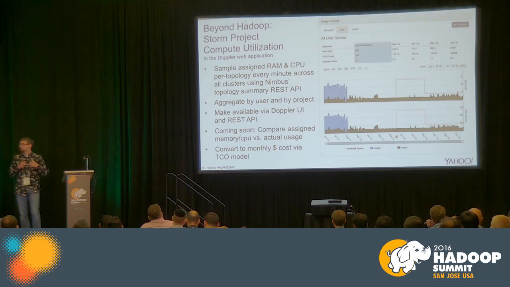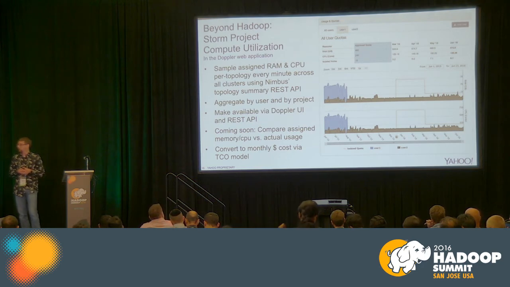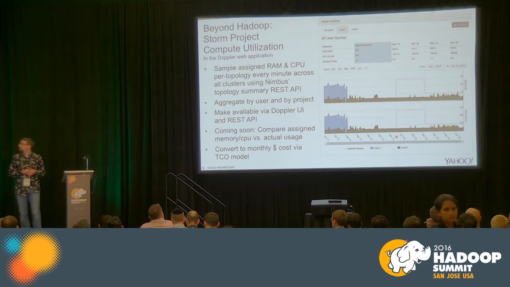Like our Hadoop metrics, we make them available internally through REST APIs, but we also have a section in our Doppler application for Storm as well, which should look very similar to what I showed for Hadoop, where we can show the current month's usage and that rolling one-year historical chart compared to your quotas.